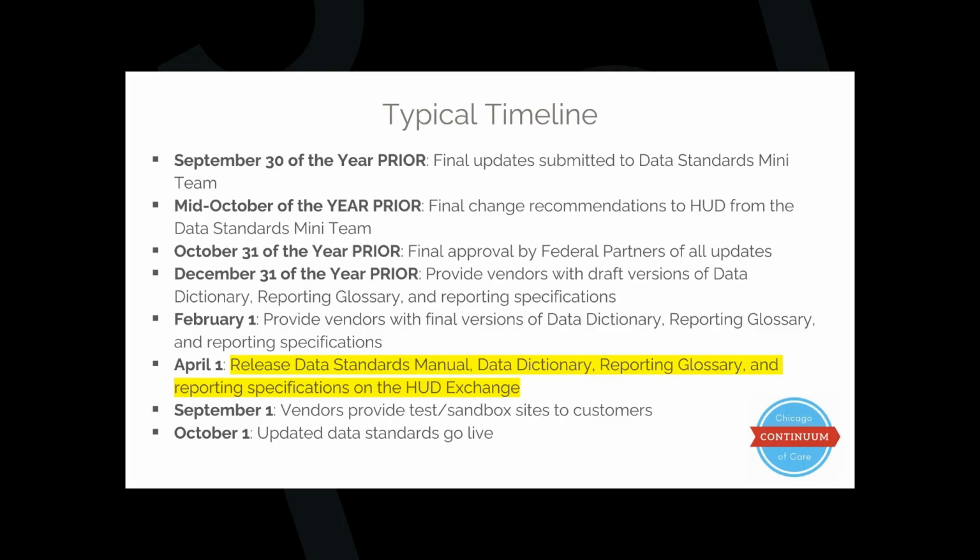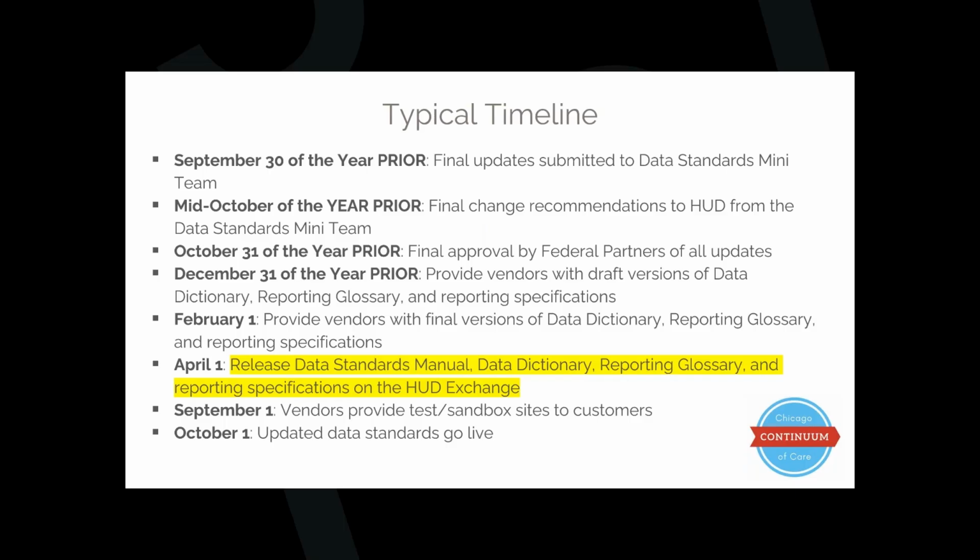And then on December 31st, the beginning of the year, a draft version of the data dictionary, reporting glossary, and reporting specifications is provided to vendors. So at the beginning of the year, vendors for our community would be informed of what's coming down the pipeline in terms of updates or what's going to be changing in the standards.